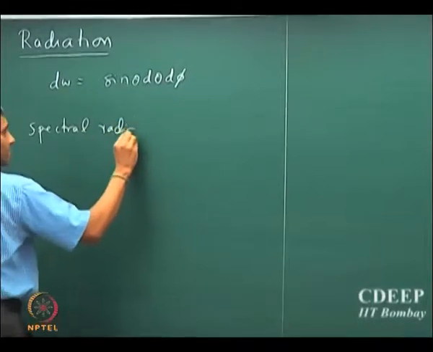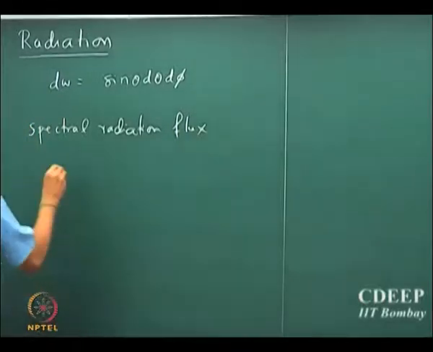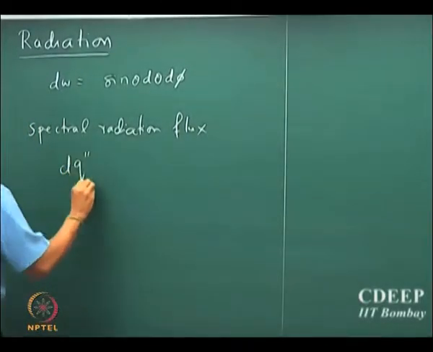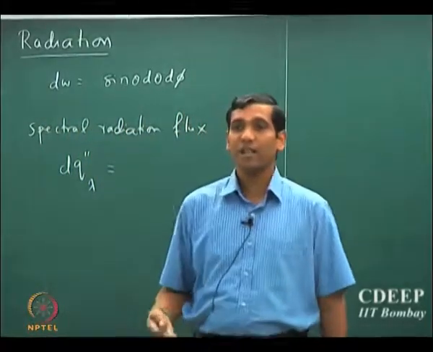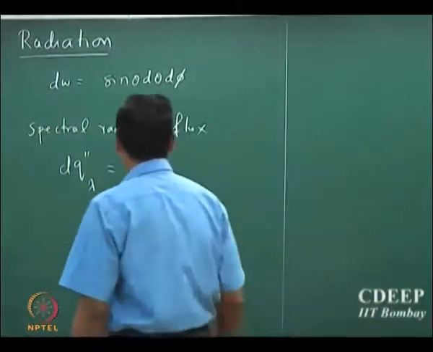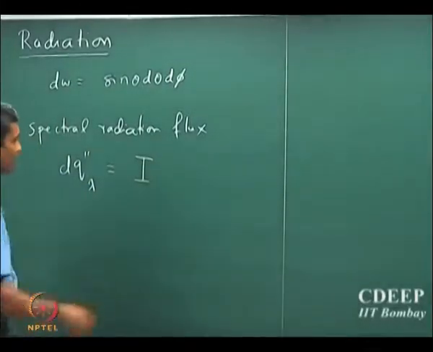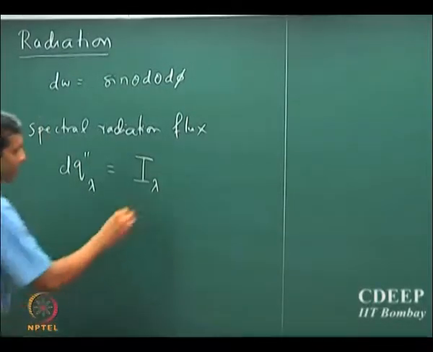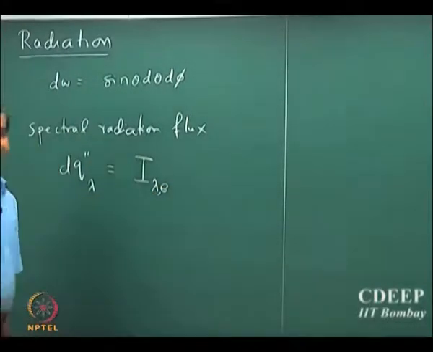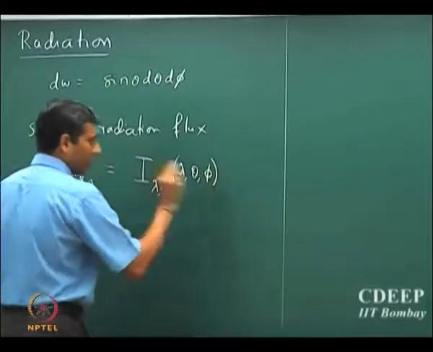Okay. And then we said that the spectral radiation flux, which is dq lambda, that is the spectral radiation flux at a certain wavelength, and that is given by I, which is the radiation intensity, and the subscript lambda stands for the corresponding wavelength, and if I put a subscript E, it stands for emission, and that is a function of wavelength and position.